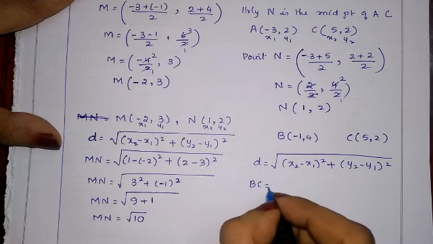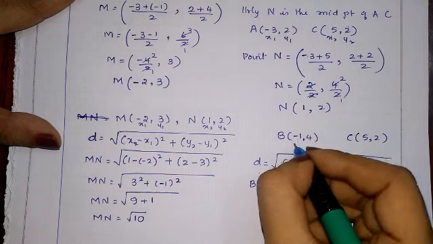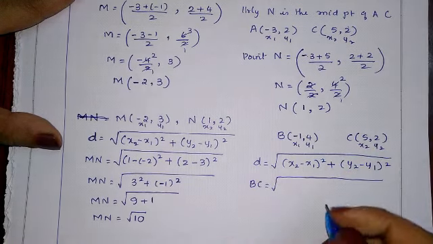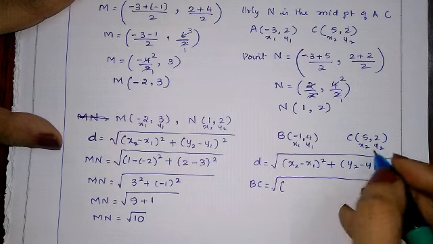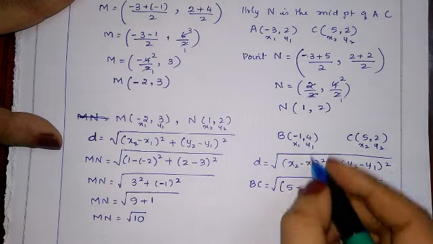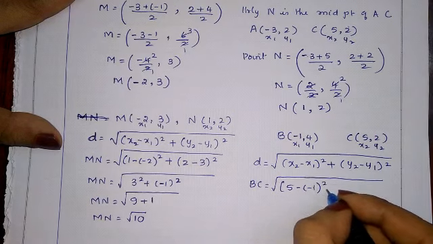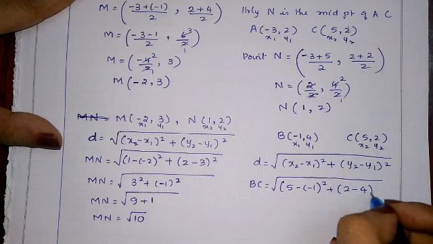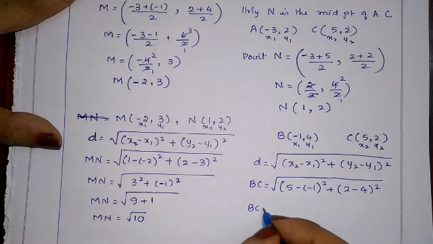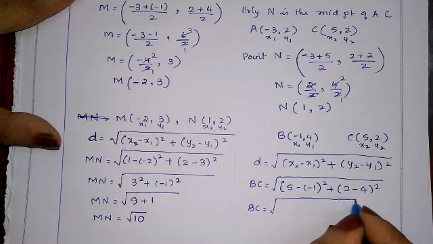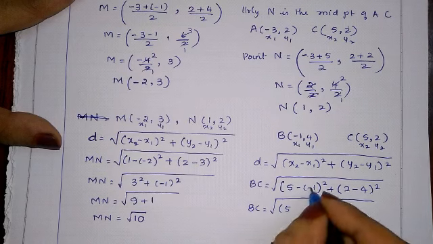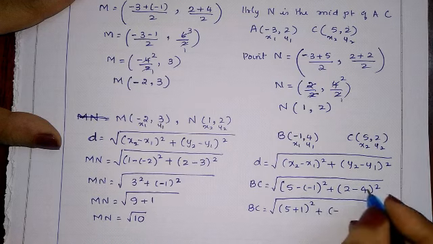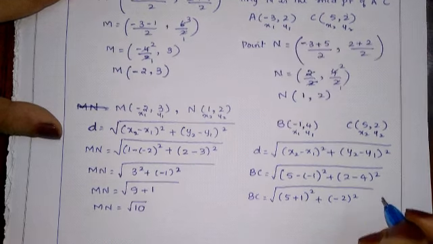Distance between B and C: B point is (x1, y1), C point is (x2, y2). x2 is 5 minus x1 is -1, whole square, plus y2 is 2 minus y1 is 4, whole square. BC is equal to the root of (5 - (-1) = 6) whole square plus (2 - 4 = -2) whole square.